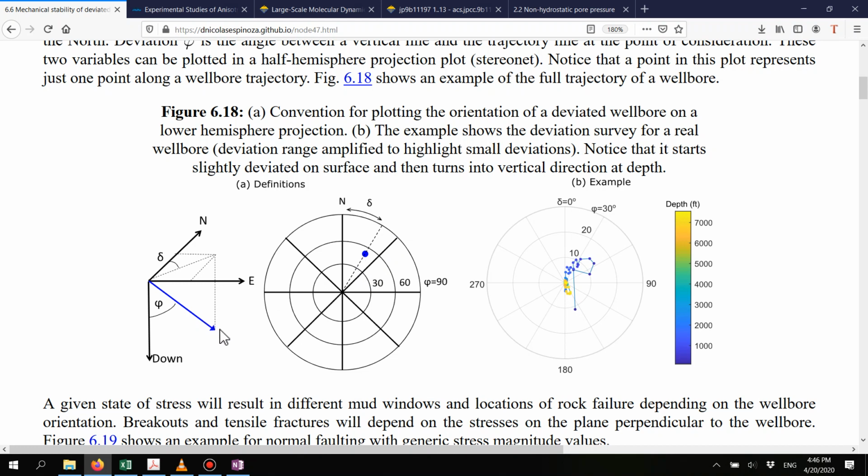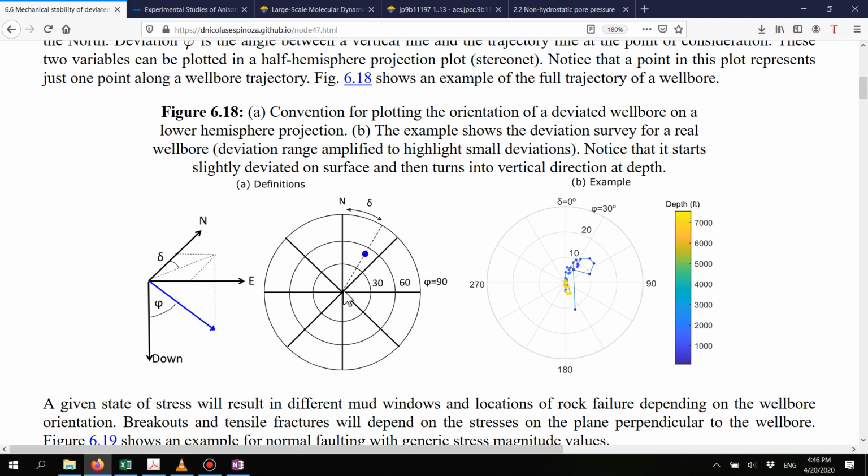For example, for this particular orientation going in the direction northeast, we would expect that this wellbore orientation would hit a lower hemisphere projection at more or less this location in the stereonet. This is going to be the angle of the azimuth of the orientation of the wellbore. And here we're going to have the deviation.